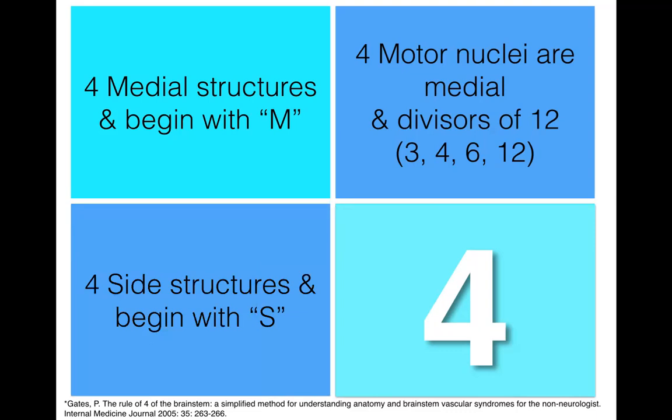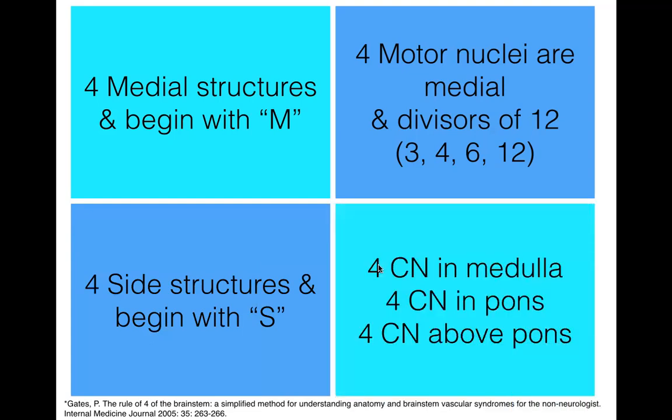They all begin with the letter S. In rule number 4, there is a very democratic distribution of the different cranial nerves on the brainstem. 4 cranial nerves arise in the medulla, 4 cranial nerves arise in the pons, and 4 cranial nerves arise above the pons. 2 arise in the midbrain, and 2 are located above the midbrain.